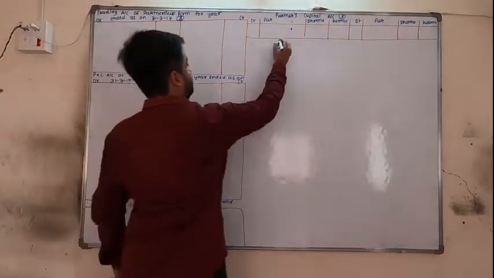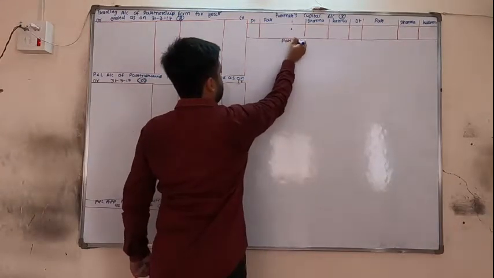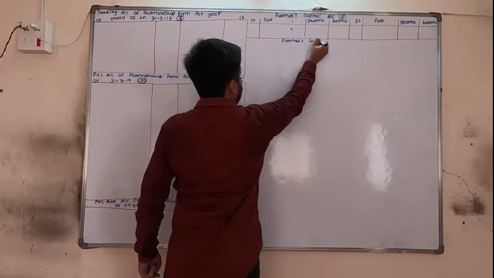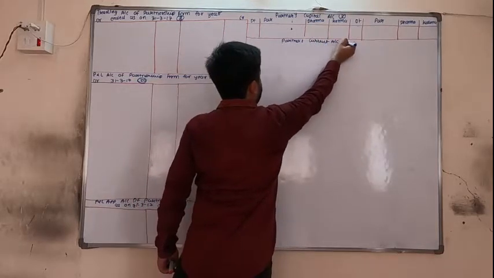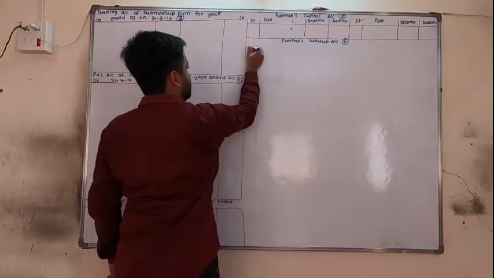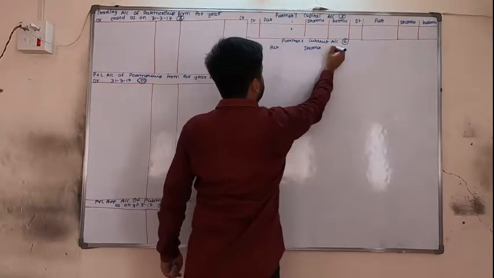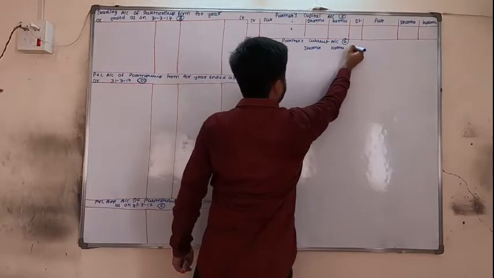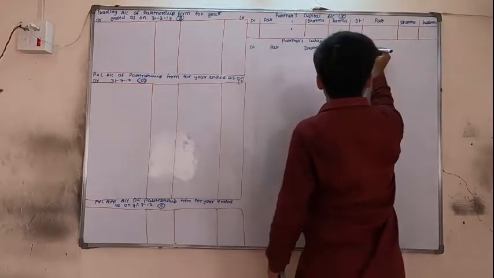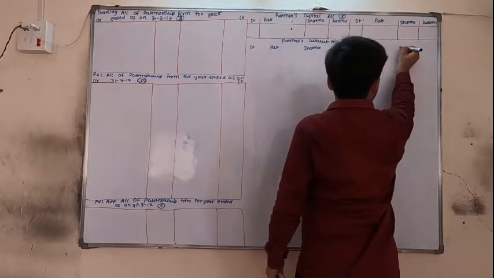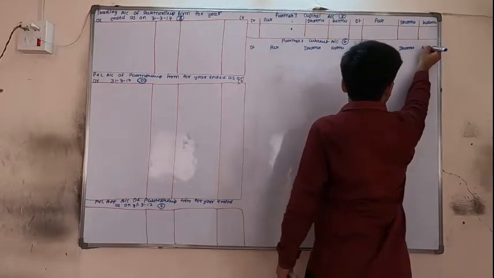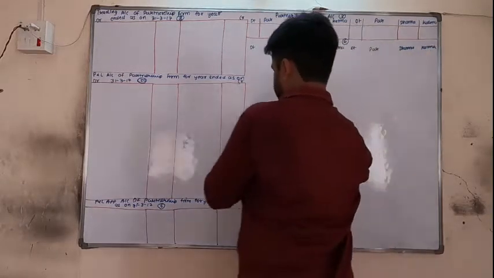Next, partners current account for 6 lines. Date, particulars, dharma, karma. Date, particulars, dharma, karma.